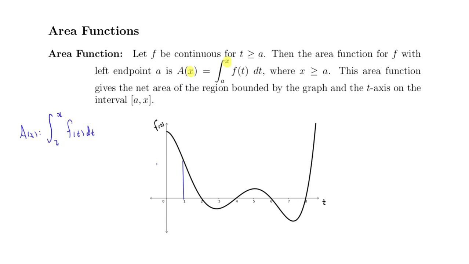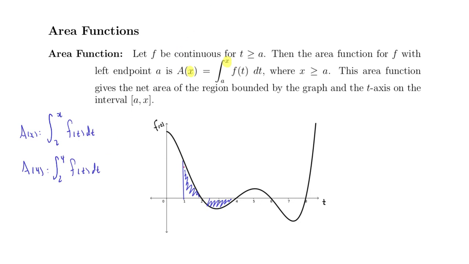And that means that we can evaluate different areas based on some different ending point. For instance, what I've shaded in here is A of 4, because it's this definite integral from 2 up to 4 of f of t dt.